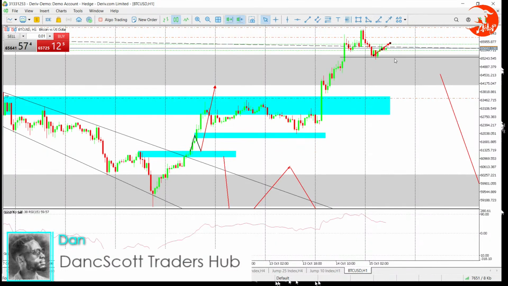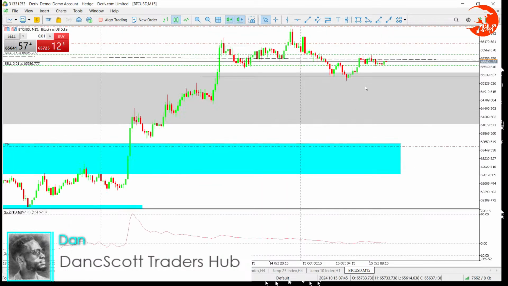Let's look at that in H1 so that we can confirm where we may anticipate a pullback. H1, I don't see any, probably M15. M15, I don't see any. It's currently consolidating on M15 around that area.